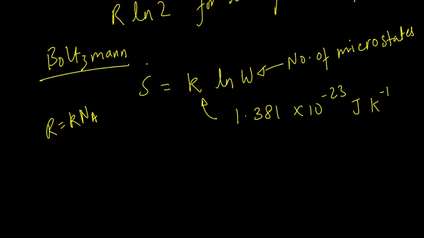What it means is how many possible permutations are there for the same energy to arrange different things.